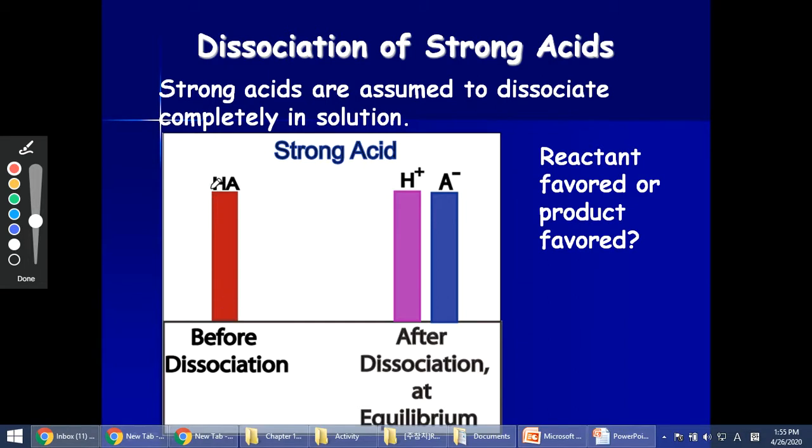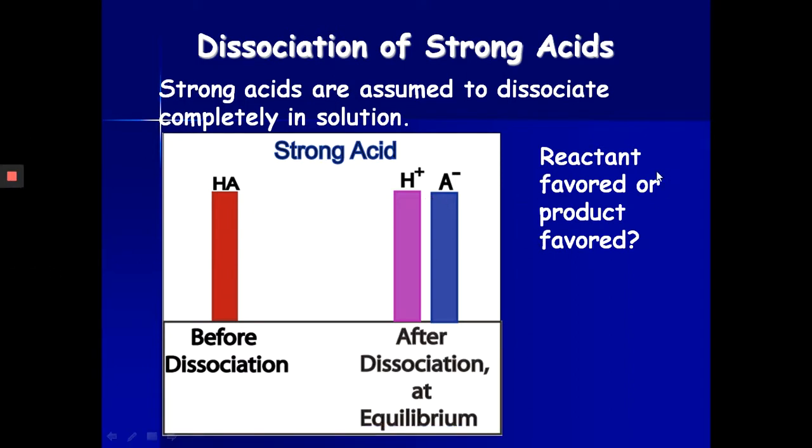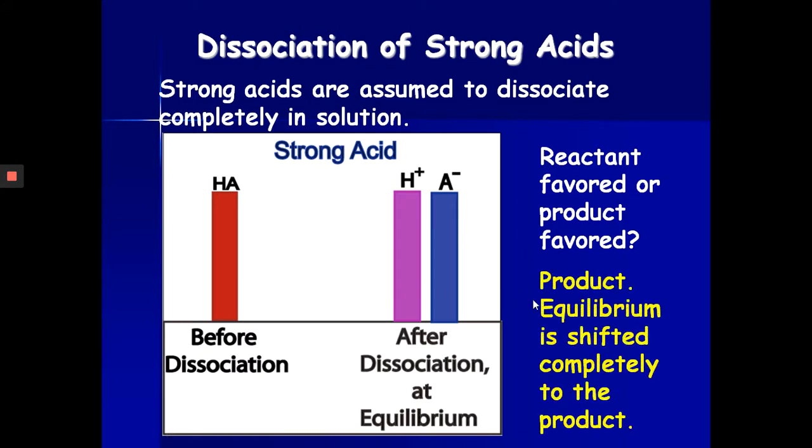Note that the entire population of HA broke down into hydrogen and anion. How do I know that? Because their concentration levels are about the same. The length of this bar represents the concentration, and all of them completely dissociate, which is why this is a one-way equilibrium. So, is this reaction reactant favored or product favored? It is product favored, because equilibrium is shifted completely to the product side, dissociating every bit of these acids.